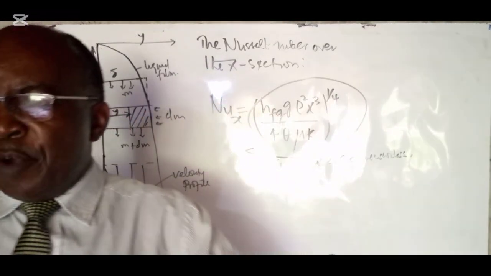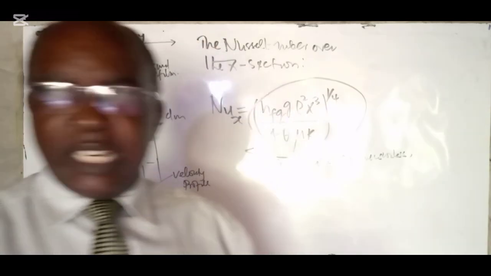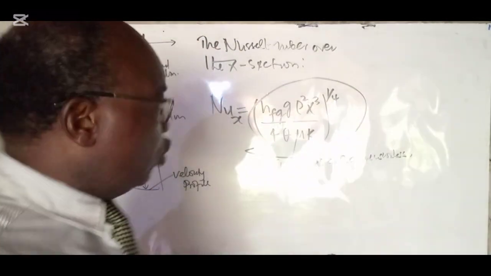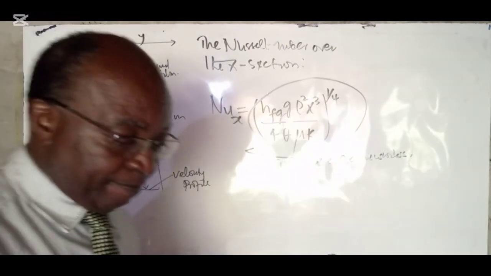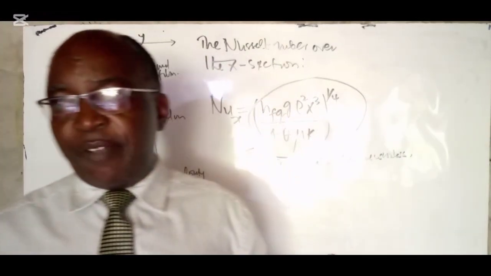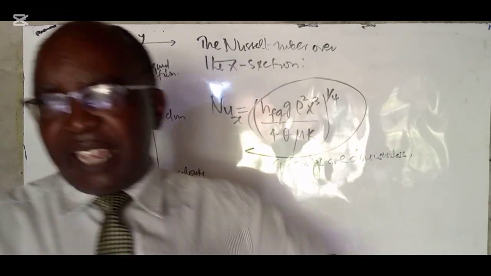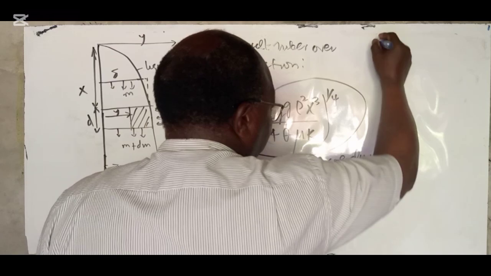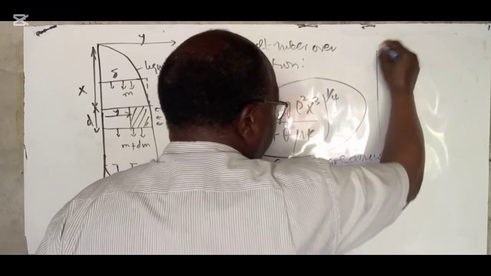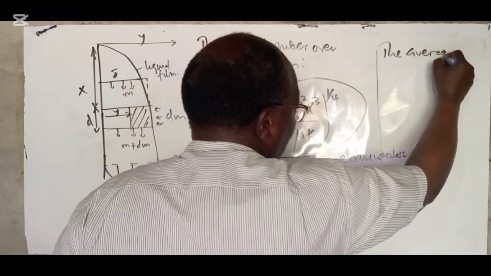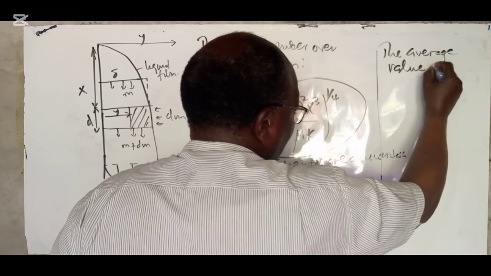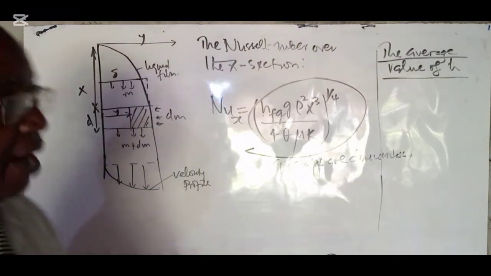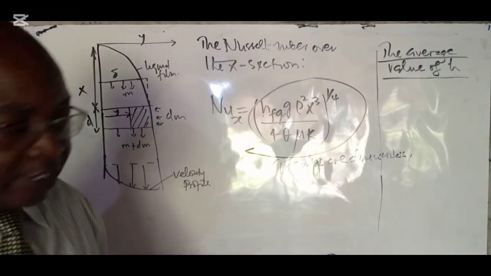Now, normally we talk of average values. So we need to think of the average value of the heat transfer coefficient over a segment, let's say over segment L. It's very important normally to have the average value, and that is over a whole segment.